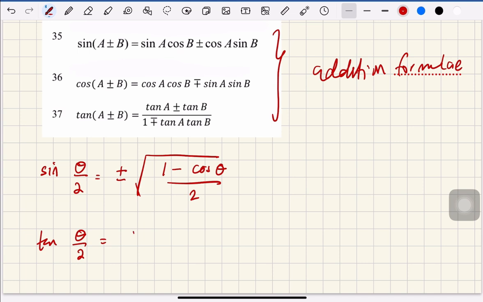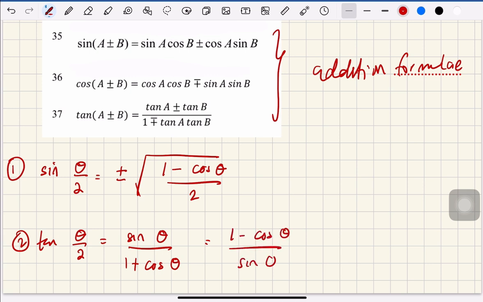Maybe I should write the sine one first. The first one is sine theta over 2 equals plus minus square root of 1 minus cos theta over 2. The second one, the tangent half angle: sine theta over 1 plus cos theta, and also 1 minus cos theta over sine theta.